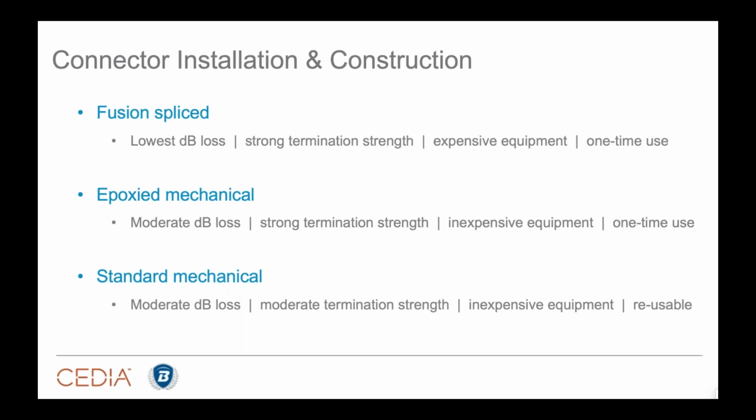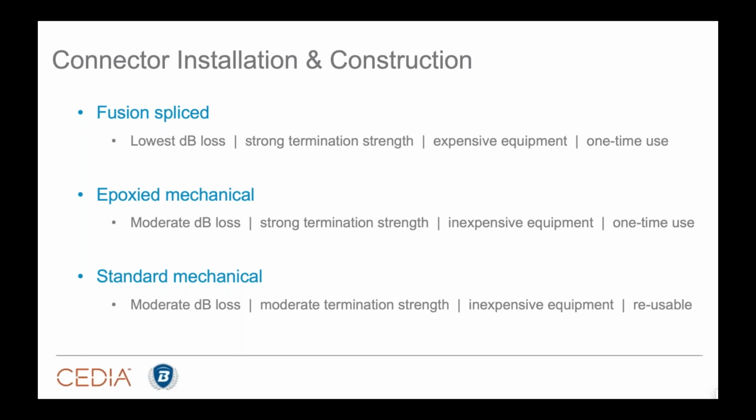They're not quite as strong once you put them on the cable, but look, $500 worth of tools, you're in the fiber business, you're working with mechanical connectors. We see them quite a bit. And that 0.3 dB or 0.2 dB of loss that you get out of a mechanical connector is well within what we would call the link budget, meaning the amount of loss that you can have on a system.